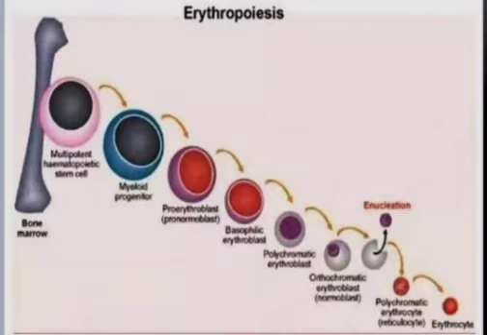So you must take note of these three main changes: the size maturation, nucleus maturation, and cytoplasmic maturation. Now let's go deep into the stages of red cell production.